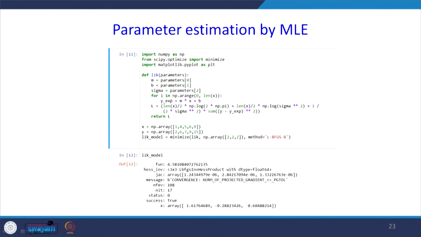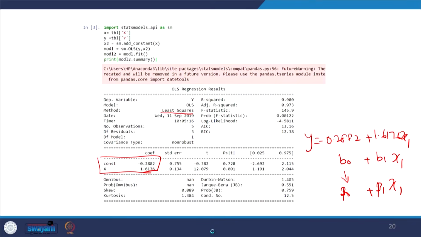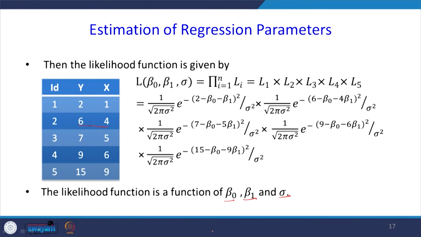For I in NP dot arange 0 to all the values of x, we are going to find the expected y value, which is nothing but mx plus b. Then this term is for estimating the log likelihood. When you go back previously, this is nothing but the whole equation.